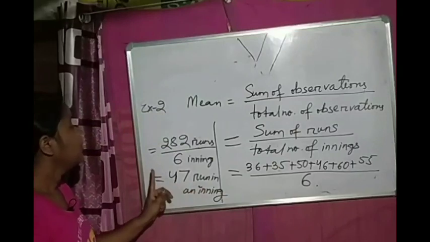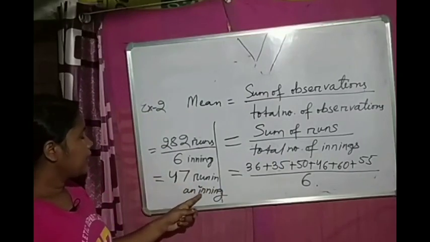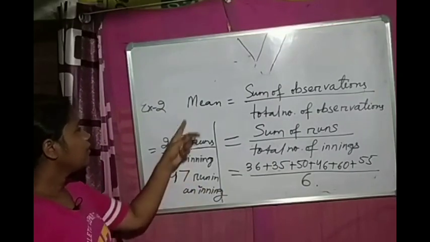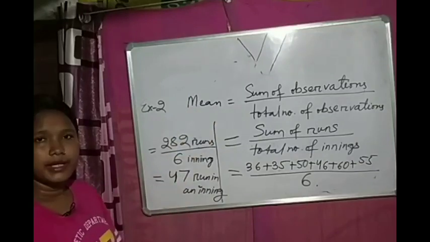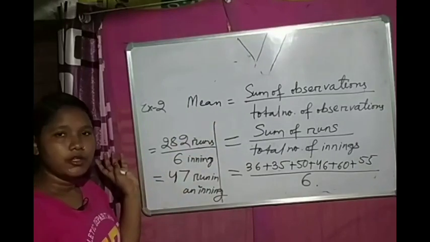So in an inning, the average or mean run is 47. Like this, you can find the mean.